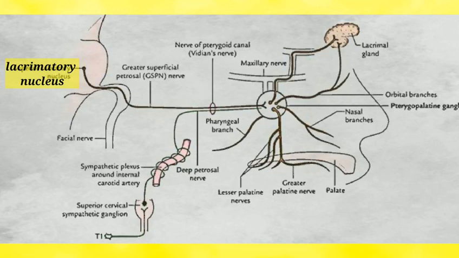Along with the sympathetic and parasympathetic fibers, the sensory fibers of the maxillary nerve also pass through this ganglion without interruption. Thus, the pterygopalatine ganglion traverses the parasympathetic route, sympathetic route and the sensory route of the maxillary nerve.